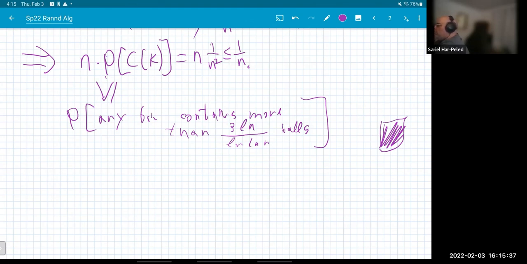And by too many, I mean this log n over log log n bound. That's what I want you to take away from this portion. Okay, questions? Anybody there? Any questions before I move on?